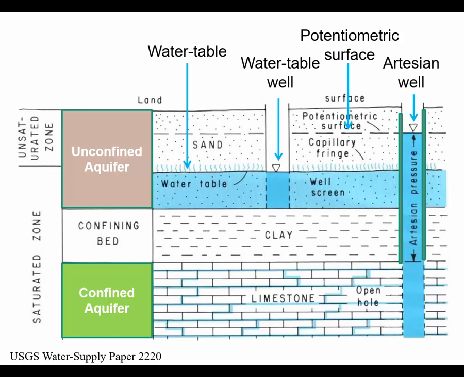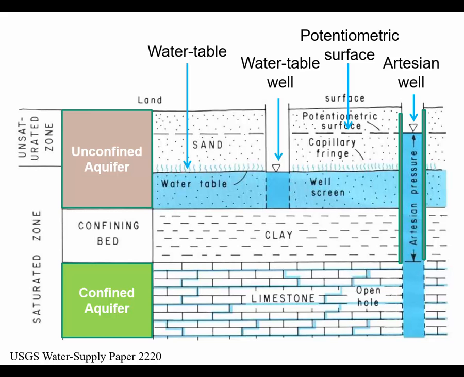Okay? So if we put a hole down there and we cement it or put some kind of an impermeable sleeve so that we're only drawing water from down here, then that water will also rise to a water level in the well.